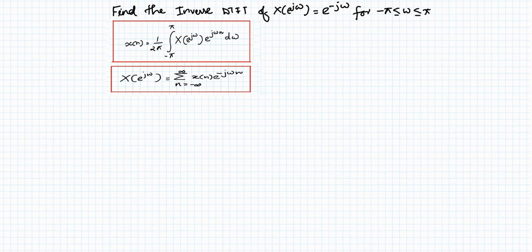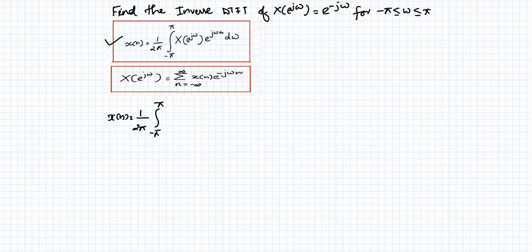The signal x of e raised to j omega is defined from minus pi to pi only for one limit. So we can directly substitute here minus pi to pi. So we can write the equation, and we need to use this formula because we need to find out x of n. So x of n is equal to 1 by 2 pi for the limit minus pi to pi.